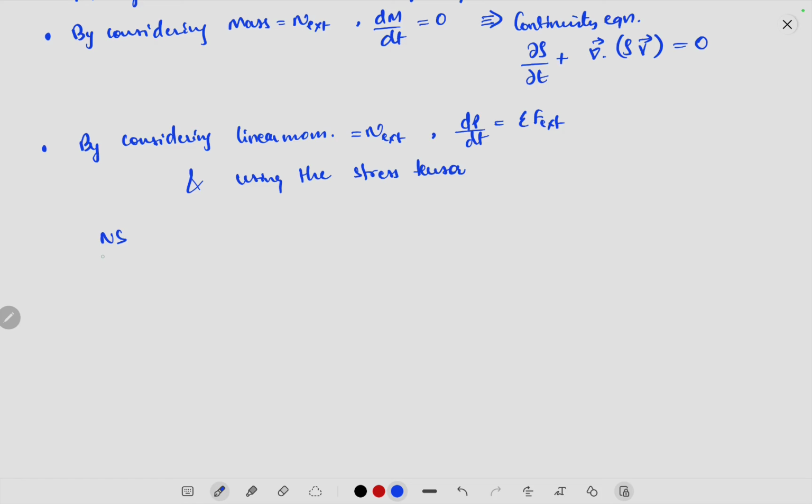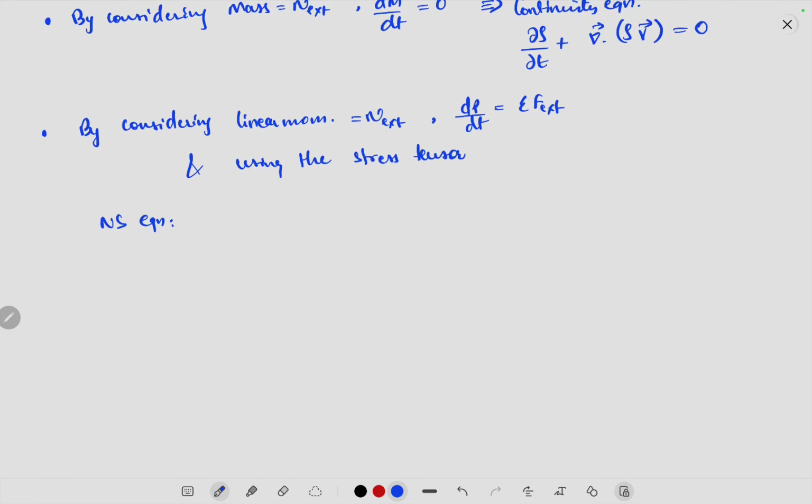So the Navier-Stokes equation, shorthand NS, that we derived was given in vector form as rho dv by dt is equal to minus grad p plus mu grad square v plus body force per unit volume.